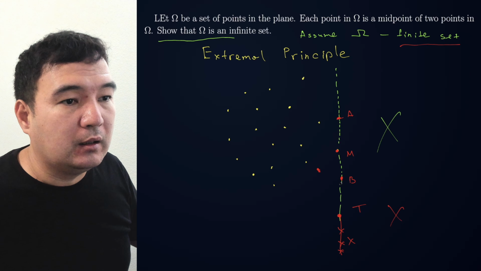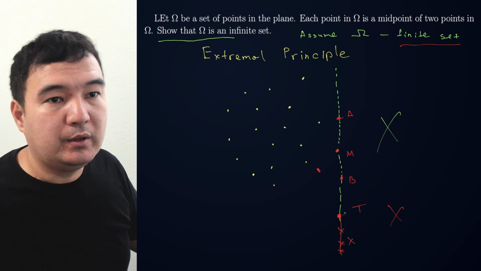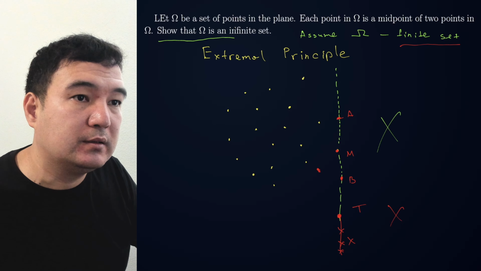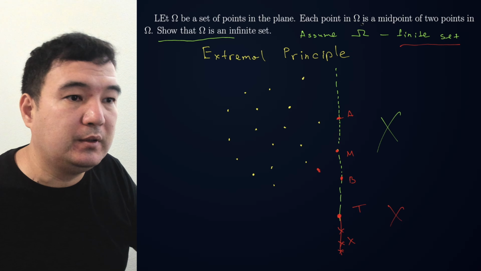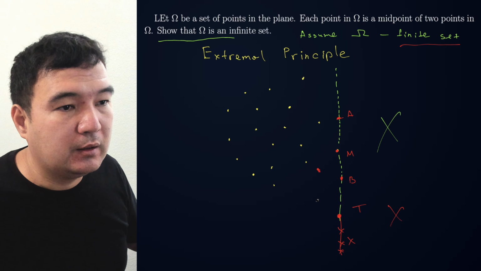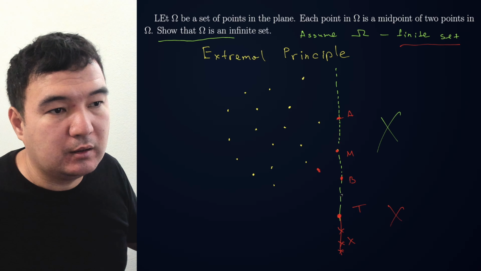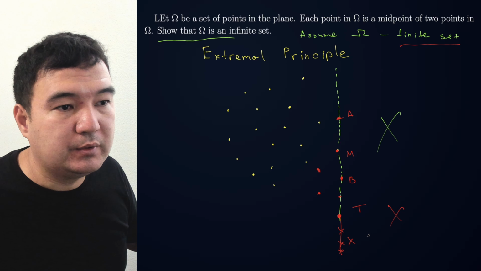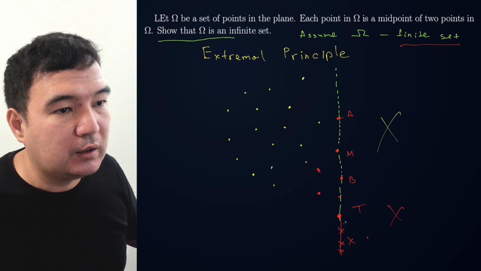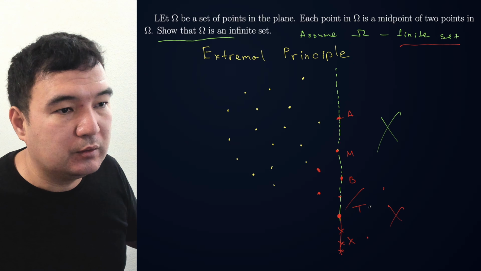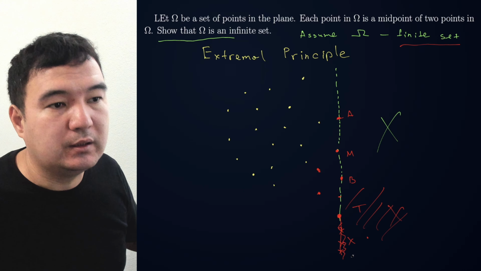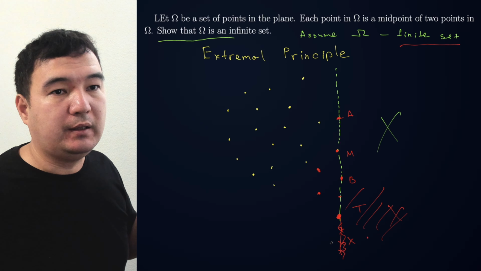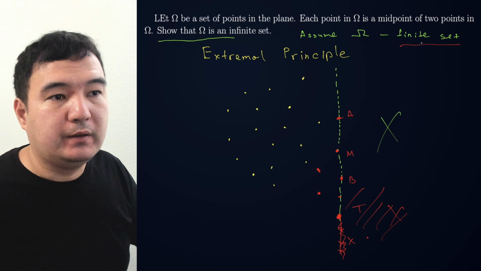But T has to be a midpoint of something, and that's impossible, because if you put a point somewhere here on this line, the other side has to be here. If you put something here, the other side should be here. But we don't have any points on the right and below this line. So T is not a midpoint of any 2 points if the set is finite.